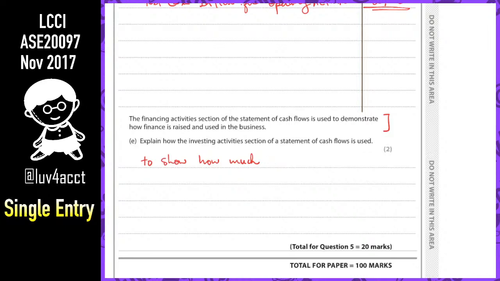You can say how much cash is used for investment in non-current assets, and sometimes also for external investment.